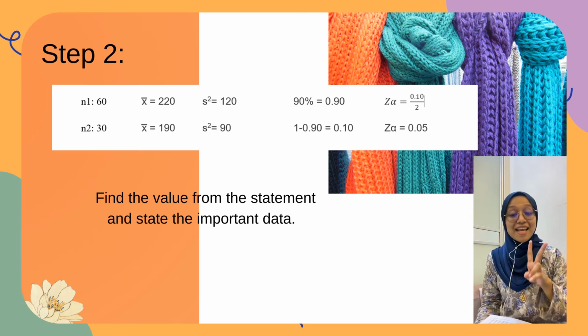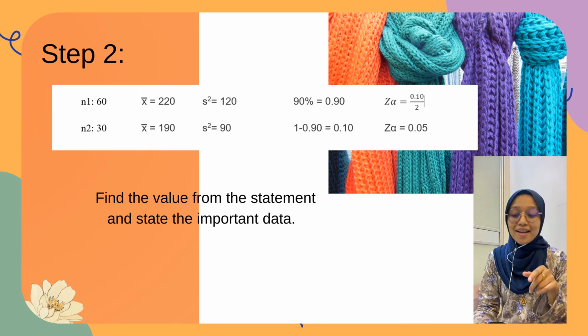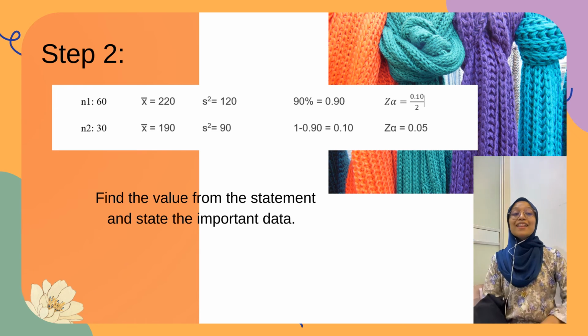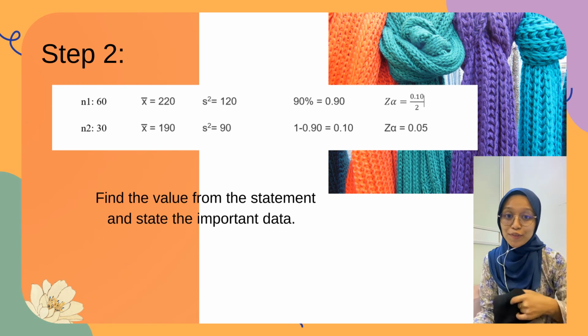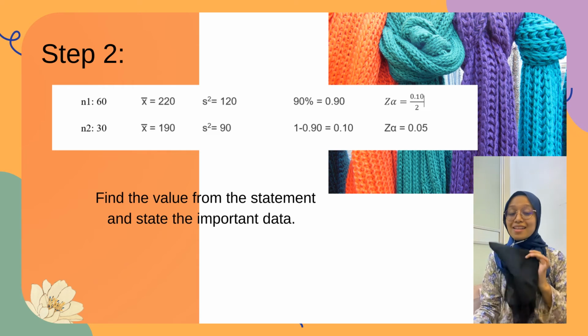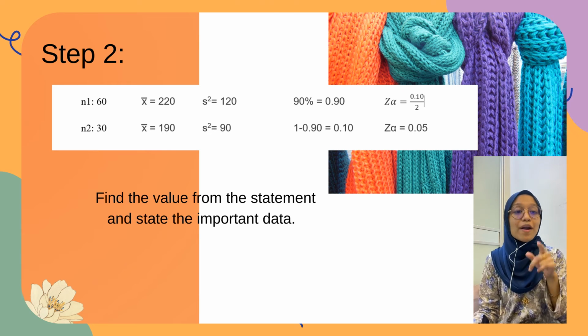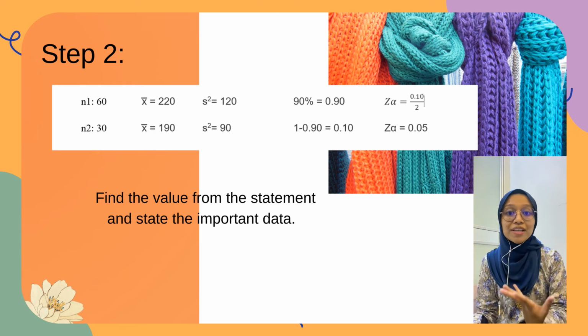So here is step 2 for the example of the number for the black scarf and nude scarf. The number of nude scarf is 30 and the number of black scarf is 60. Find the value from the statement and state the important data.